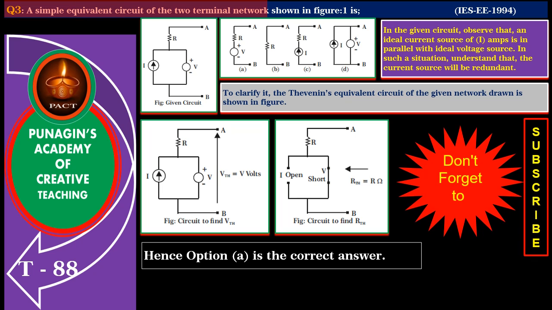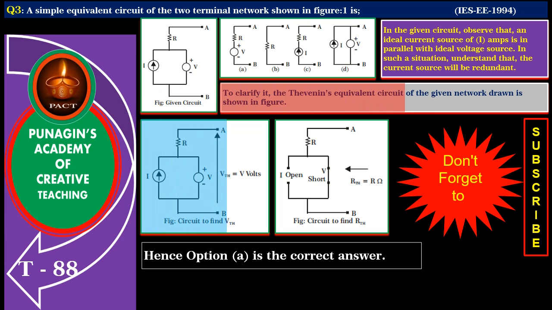Friends, in this question, we are required to identify the simple equivalent circuit of the given two-terminal network. Observe that an ideal current source of 5 amperes is in parallel with an ideal voltage source of 5 volts. In such a situation, understand that the current source will be redundant.